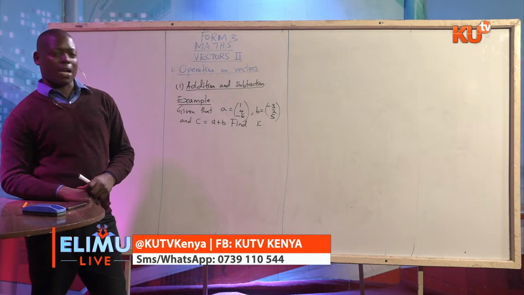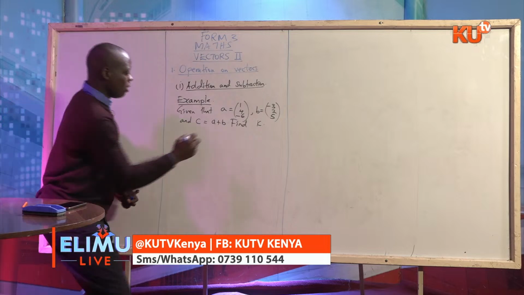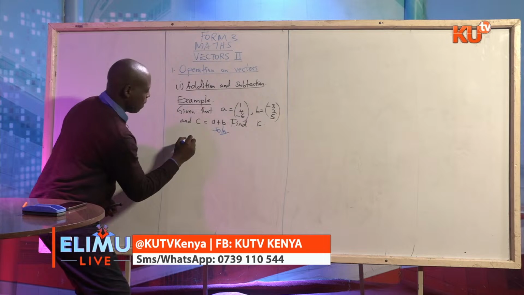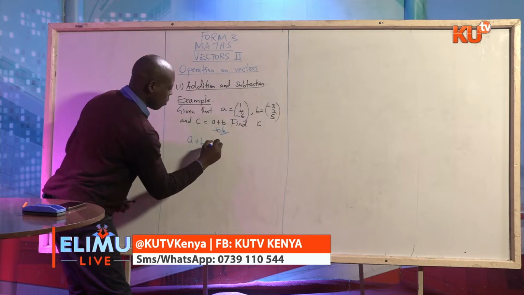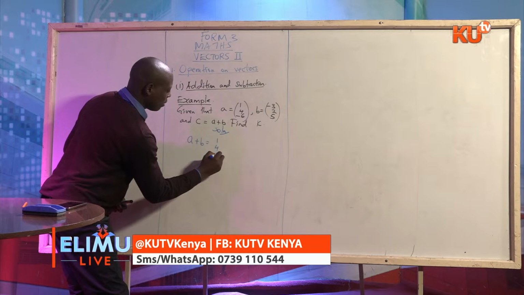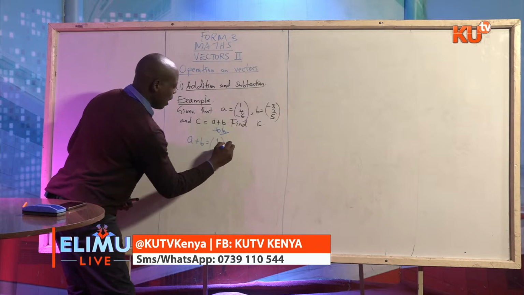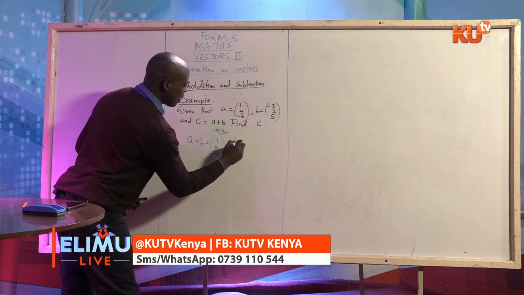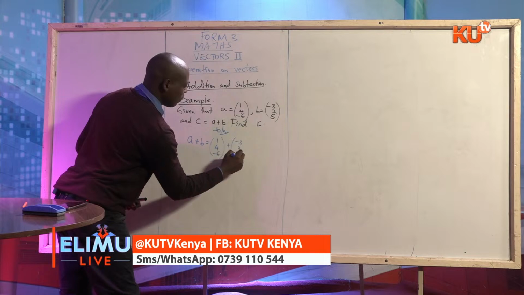What we do is we highlight the vector A plus B. What is A? 1, 4, and negative 6. Add B. What is B? Negative 3, 2, and 5.